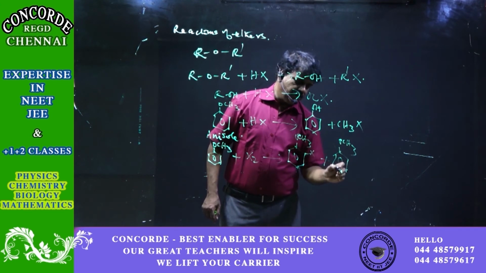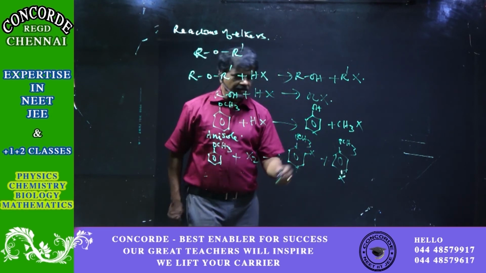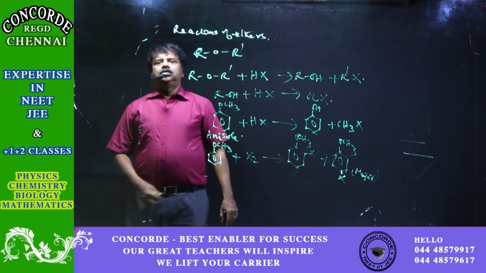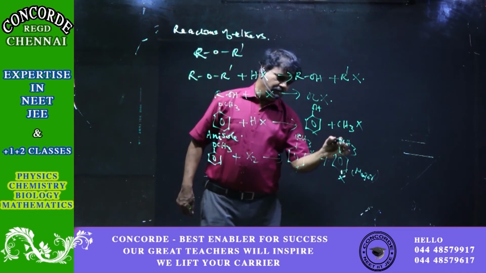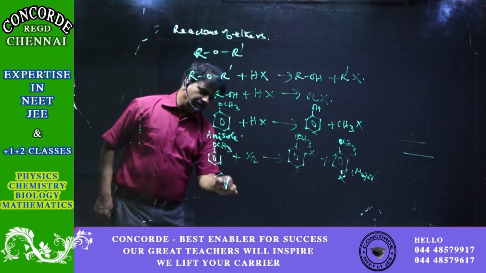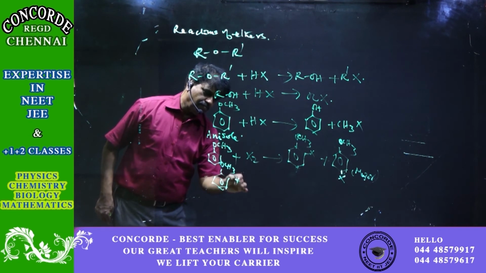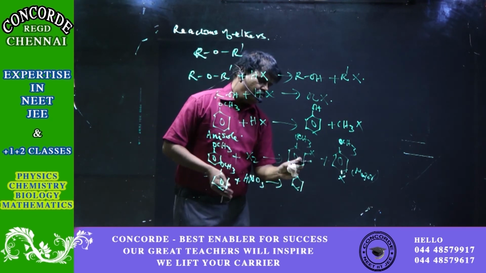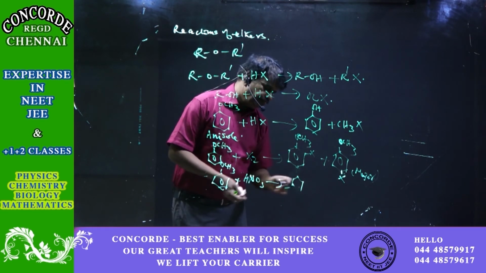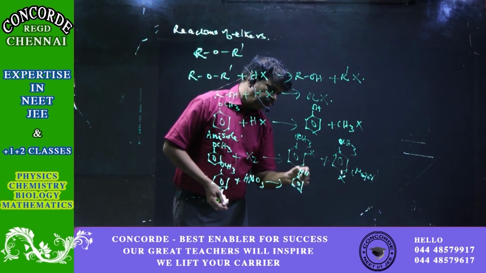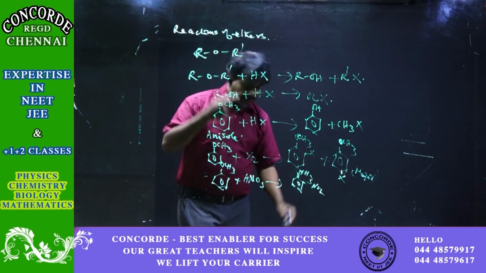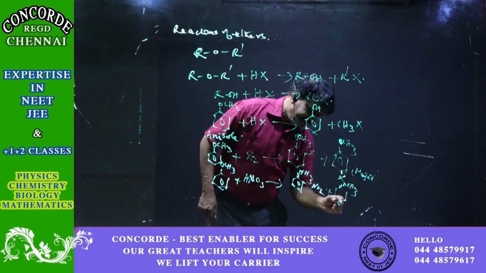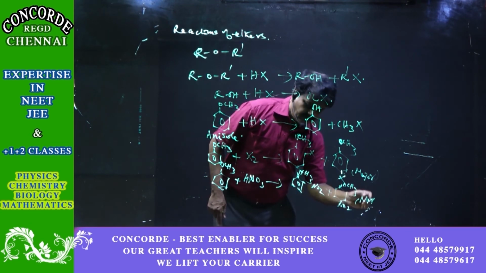Either the halogen adds at the ortho position or at the para position, whereas the para is the major product formed. Then it also undergoes nitration to give an ortho compound plus a para compound, and the para is the major product formed.